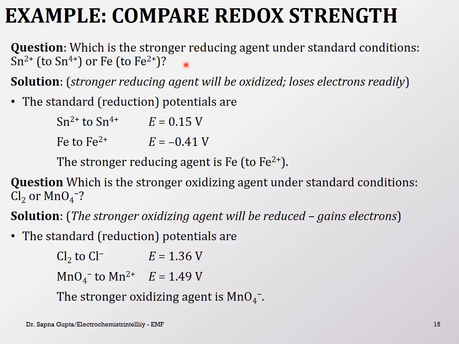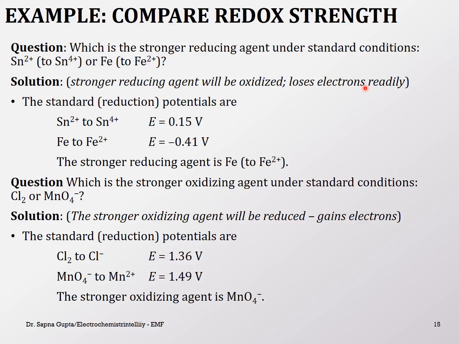So here it is. What is a stronger reducing agent under standard conditions, Sn or iron? Sn2+ is going to Sn4+, losing 2 electrons, and iron is going to Fe2+. Which is the stronger reducing agent? Remember, the stronger reducing agent will be oxidized, which means it is going to lose electrons readily.